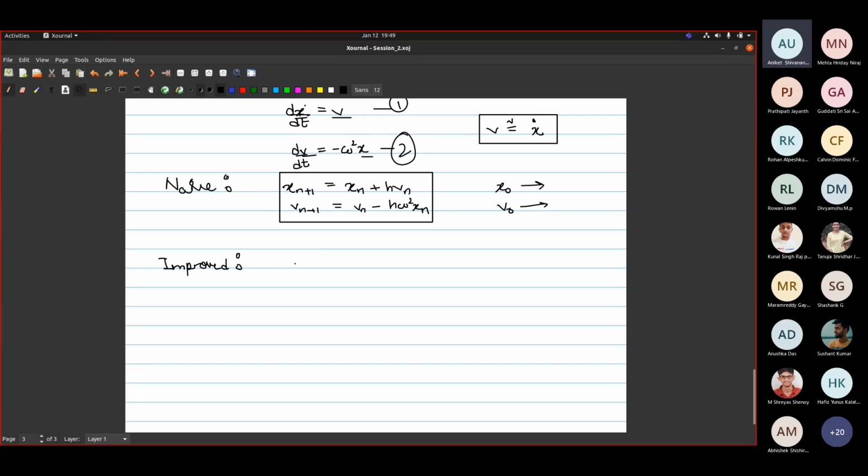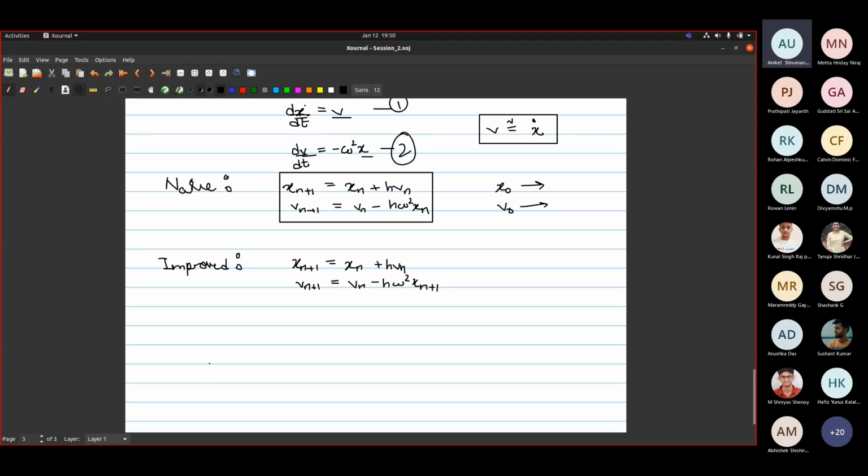An improved algorithm will be, I'm calculating xn plus 1 and I want to calculate Vn plus 1. Okay, Vn minus h omega squared xn. But instead of xn, since I already have xn plus 1, why not just use that to calculate this?